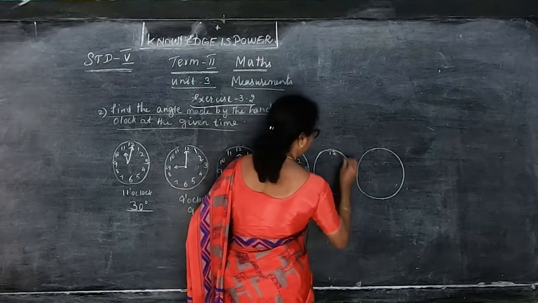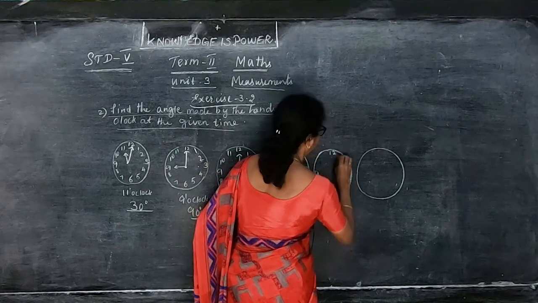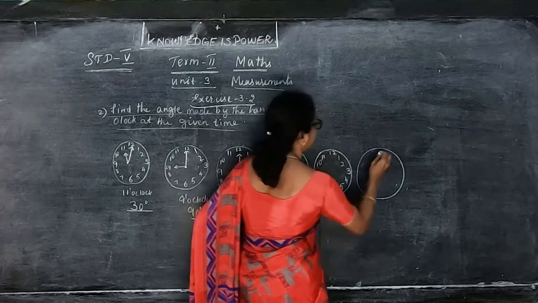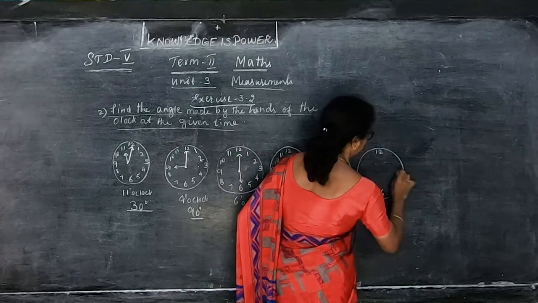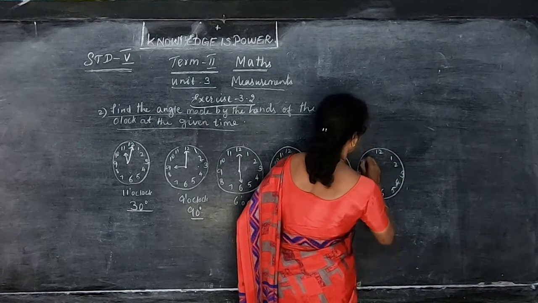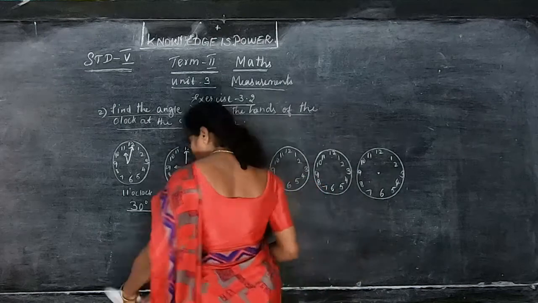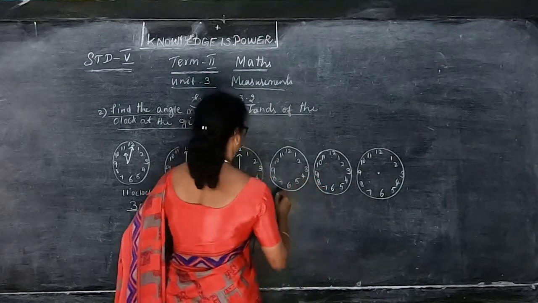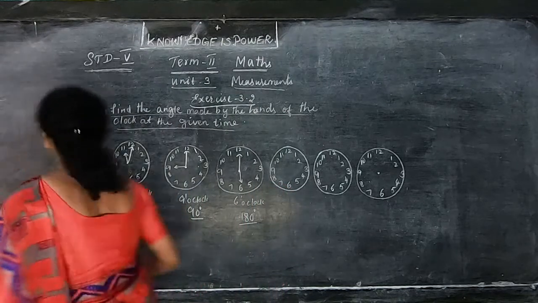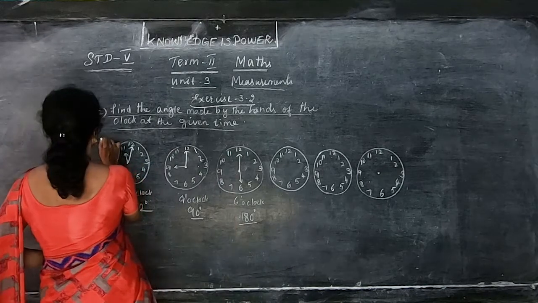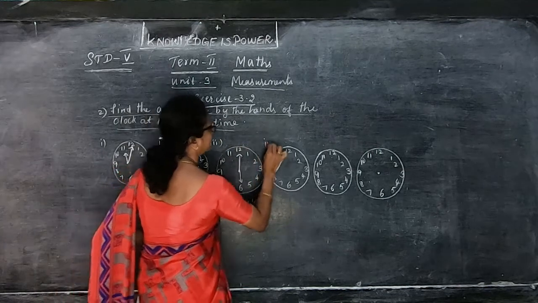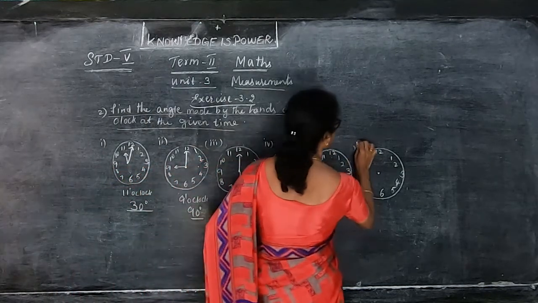So I'll draw the clock. 12, 6, 3, 9. Fourth sum, 4, 5, and 6 sums they have given.